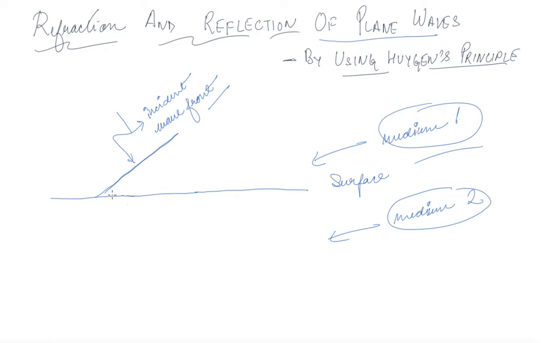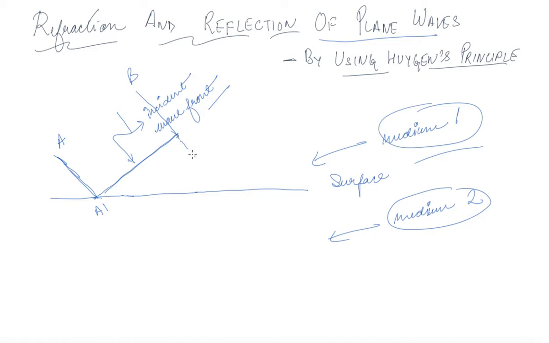So now let's name this part A and B. So this is A, this will be A dash, and let's say this part be B, this part be D. Now this B has yet to come, but A has already struck the separation of the media.